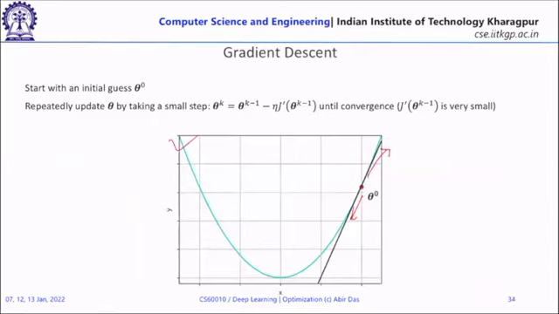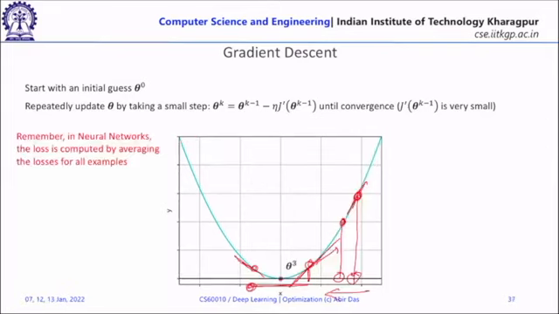Sir, why are we trying to minimize the loss function? Shouldn't we try to minimize the expectation of the loss function or something like that, sir? Yes, you are right in thinking that. So remember, in neural networks, the loss is computed by averaging the losses for all examples.